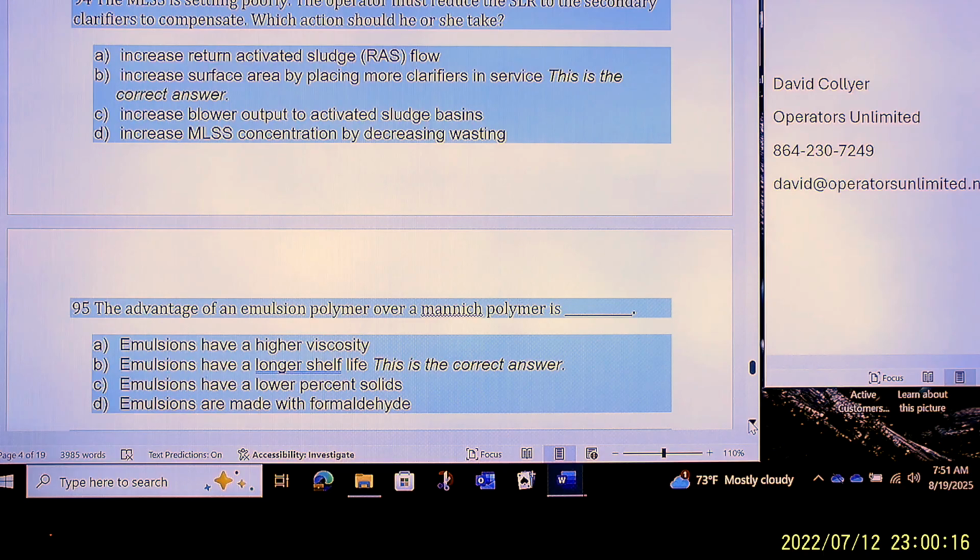B. Increase surface area by placing more clarifiers in service. C. Increase blower output to activated sludge basins. Or D. Increase MLSS concentrations by decreasing the wasting. The answer to 94 is B. Increase the surface area by placing clarifiers in service.